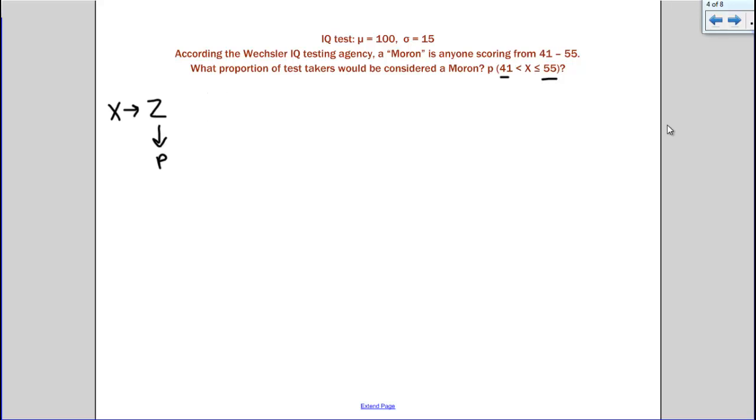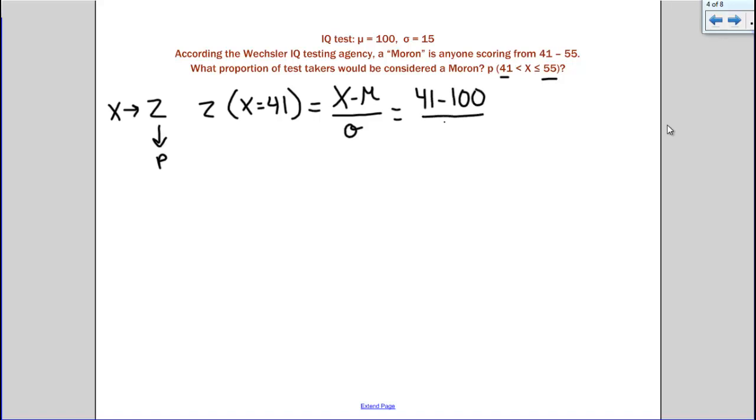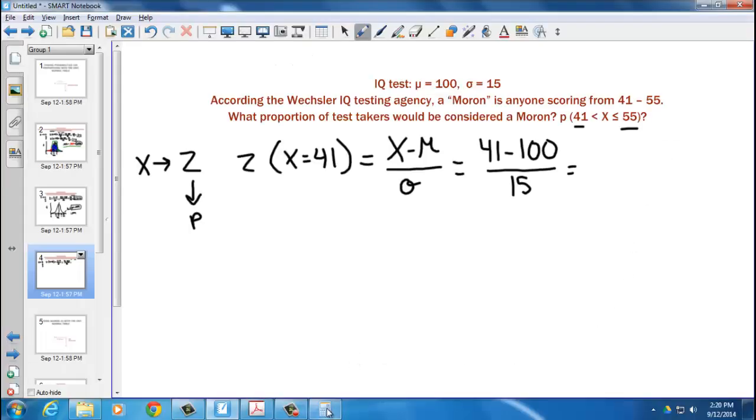Okay, so our first z for an x of 41. So z equals x minus mu over sigma, score minus the mean over the standard deviation, equals 41 minus 100 divided by 15. And 41 minus 100, I do not trust my brain.